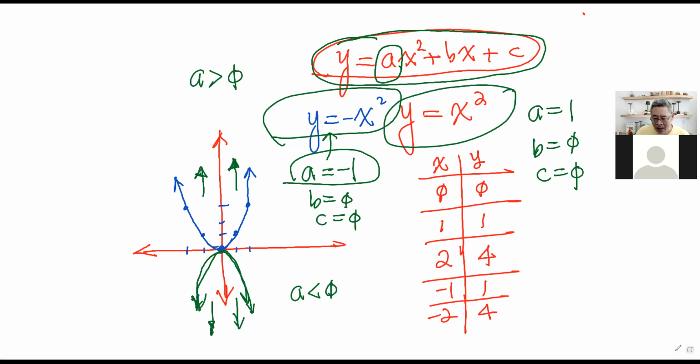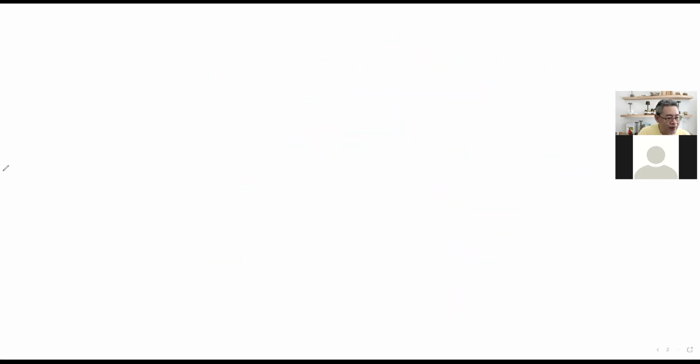Yep. Now, when we're doing quadratic functions, there are certain properties. One is that it has a vertex. In this case, it's the lowest point, and in this case, the vertex is the highest point.